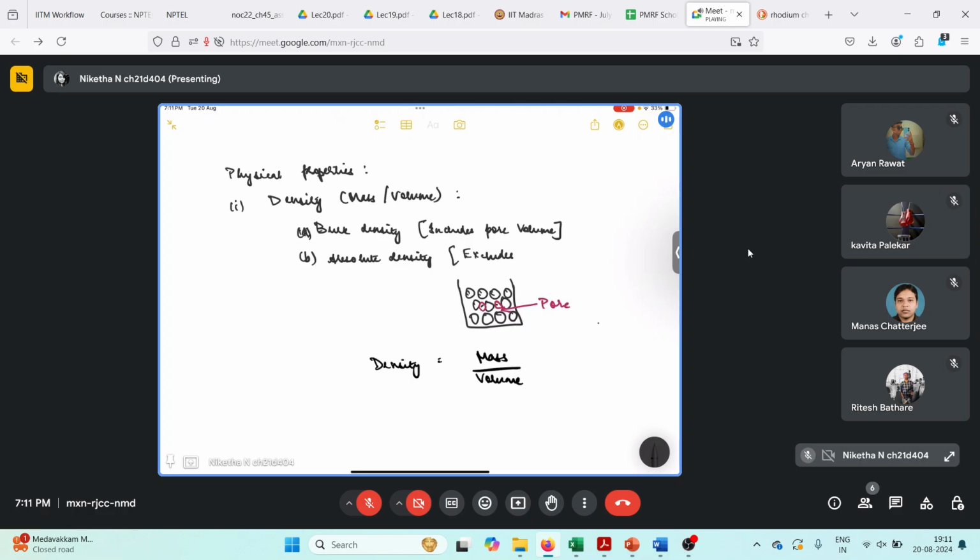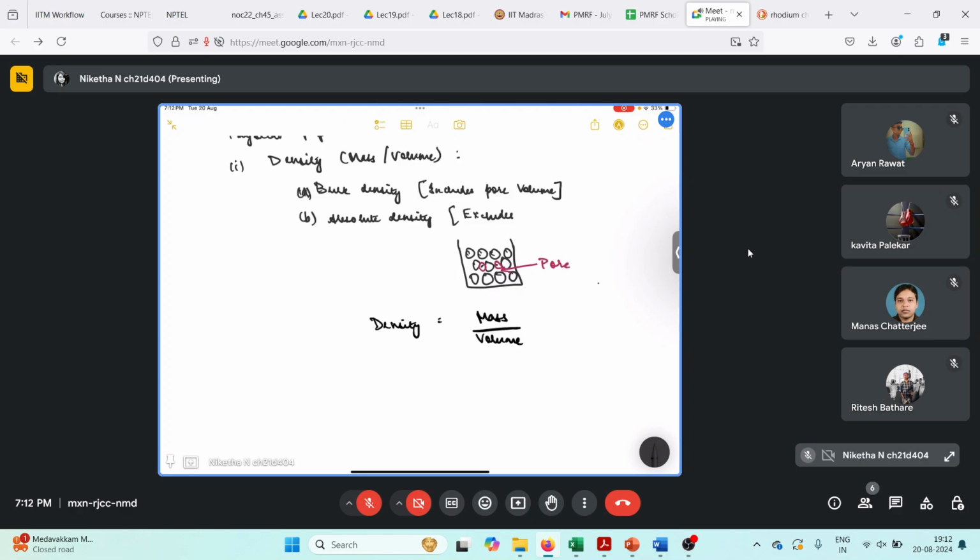Will the density increase if you increase the pore volume, if you include the pore volume in the formula? Is my question clear? Yes, ma'am. Yeah. Can you give me some answer?